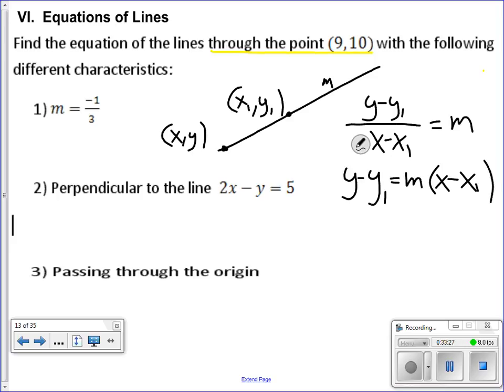This is so great. If you want to write the equation of a line, you fill in the coordinates of one point on the line, and you also fill in the slope. You leave the x and y alone.